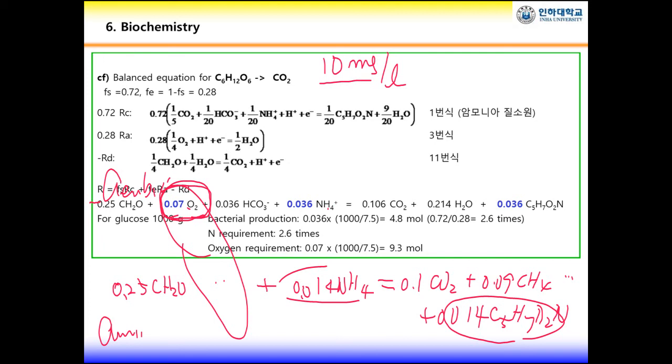So if you treat a wastewater with a COD of 10,000 milligrams per liter, then you have to saturate the liquid 1,000 times.